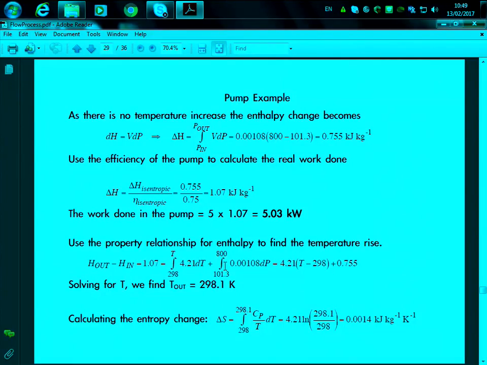And then we have the temperature at the outlet of 298.1 kelvins. Okay? And with that we can actually calculate again, using this temperature, the actual entropy change of the system. So what was the temperature at the inlet? 298. And the temperature at the outlet?